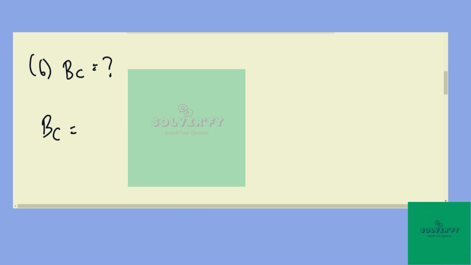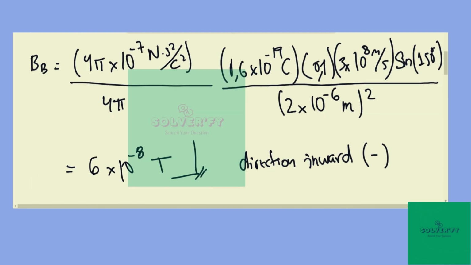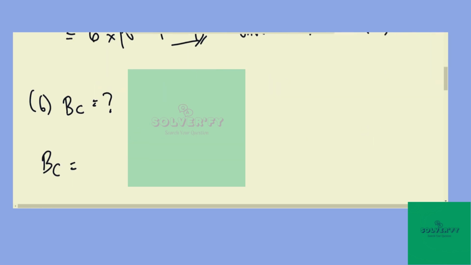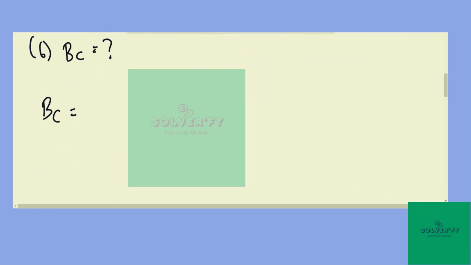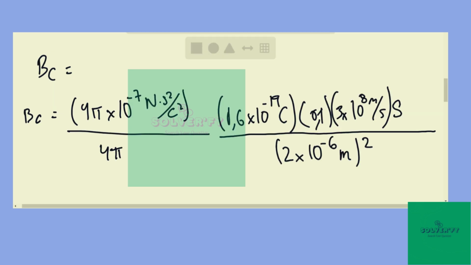We're going to put everything just as before. The only thing that changes is the angle between them, which is 90 degrees, and we know that the sine of 90 degrees is just 1.